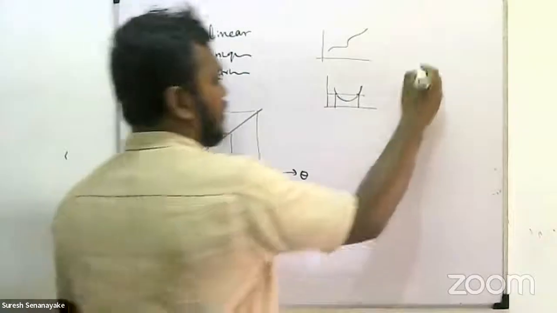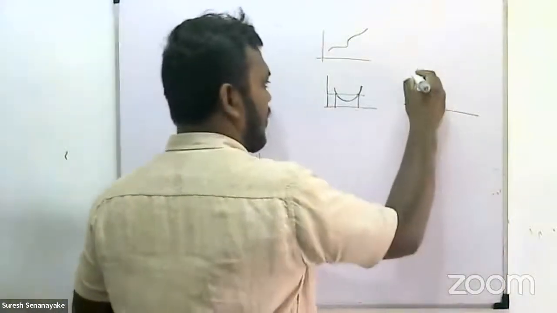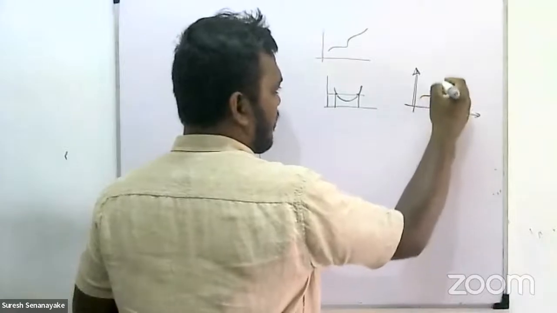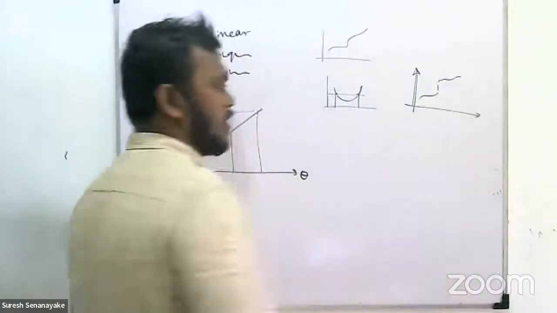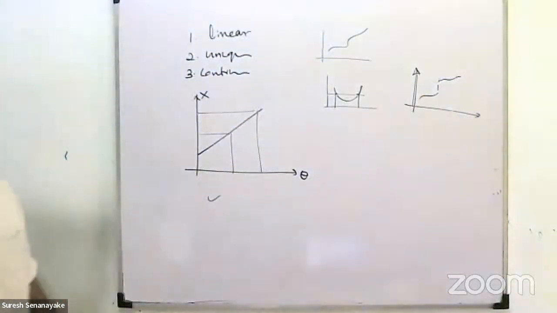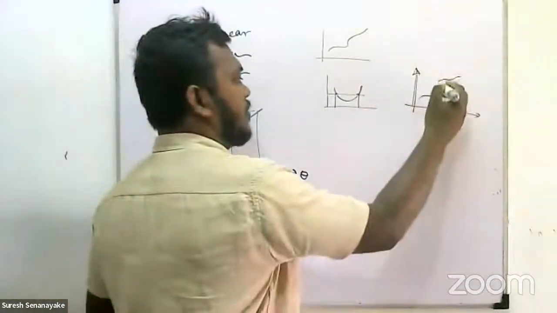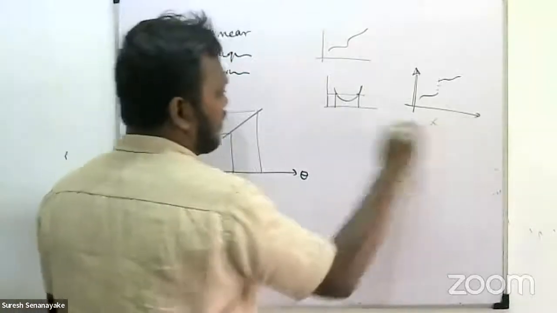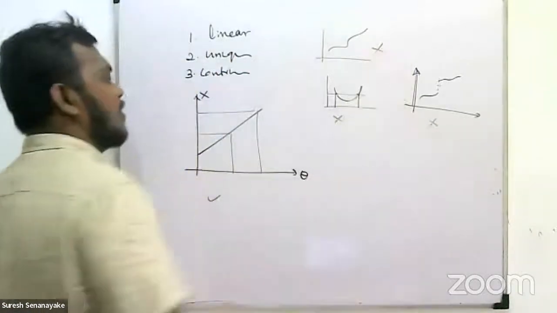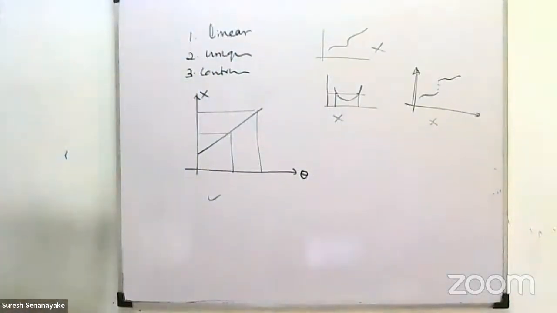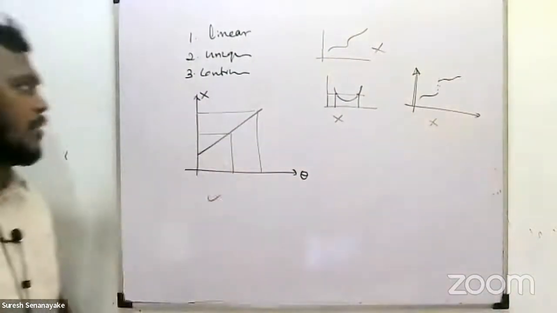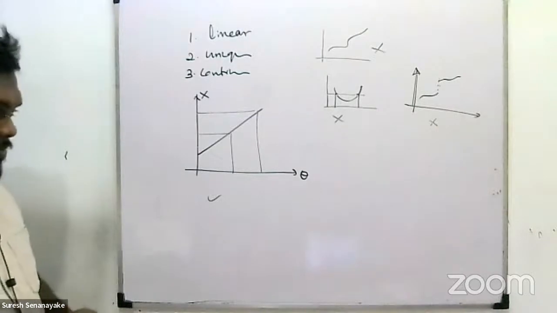And if the thermometric property as a function of temperature is just like this, it is not continuous. Right? It's not a continuous function. So then these are not suitable as a thermometric property. But if we have a function like this, it is more suitable for the thermometer.